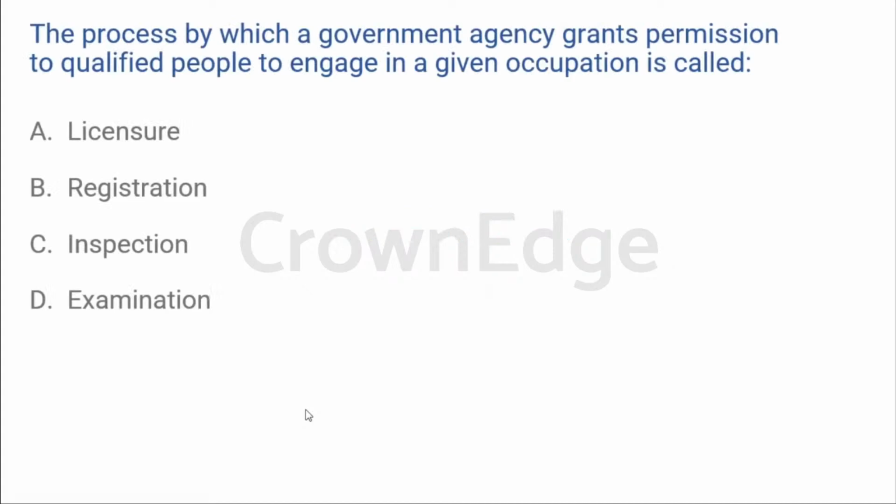Okay, so the first question is the process by which a government agency grants permission to qualified people to engage in a given occupation is called, is it licensure or registration or inspection or an examination?